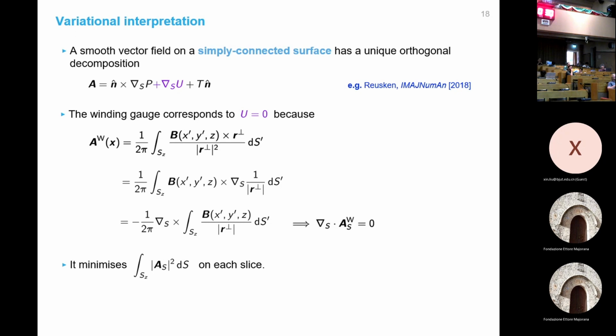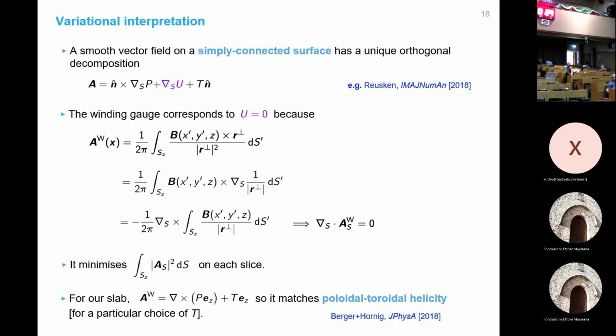And analogous to the Coulomb gauge, it minimizes the norm squared of only the horizontal component of A on every leaf of the foliation, every slice. So it maintains these properties as well.